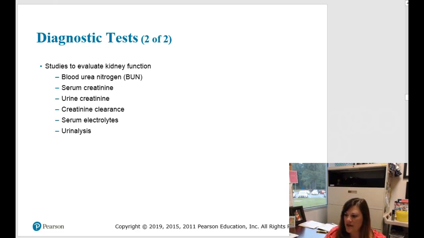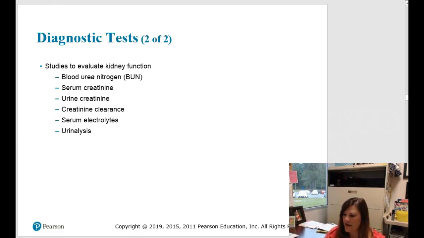Urea is eliminated from the body after it's filtrated through the glomerulus, so you might see small amounts absorbed in the renal tubules, and glomerular diseases interfere with the filtration of these byproducts, urea and nitrogen, and that causes the blood levels to rise. So you'll hear a lot, see a lot, read a lot about all of these different things.